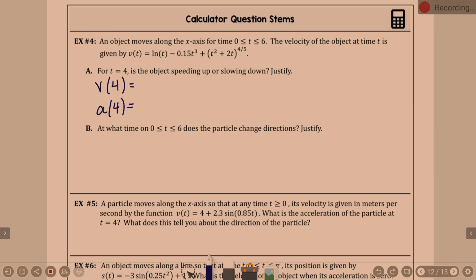Would it be advantageous to type this formula into y1? You could. It's up to you. I'm going to type mine into y1.